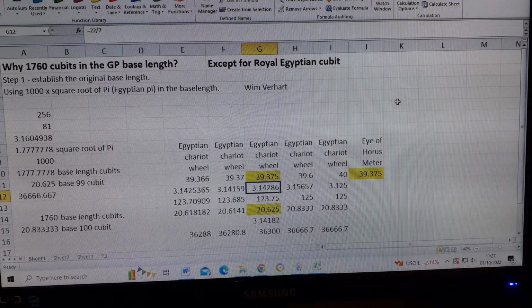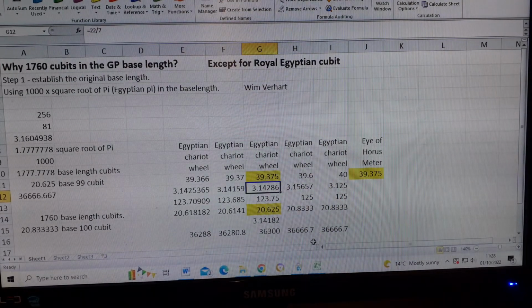But when we use the royal cubit, there is this number of the square root of pi, Egyptian pi, in the base, and that's what separates the royal cubit out as being used by the ancient Egyptians.